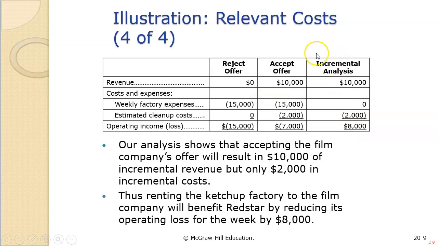In the incremental analysis, the incremental revenue is 10,000 and the incremental cost is this 2,000. Remember, when you're analyzing incremental, it's what is relevant for that specific decision. And then the incremental net income is $8,000.